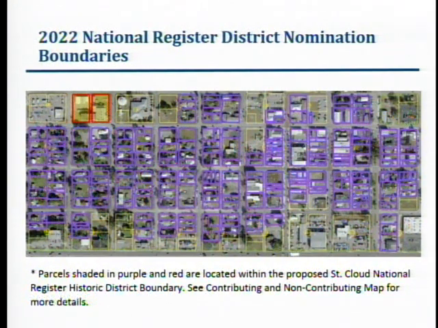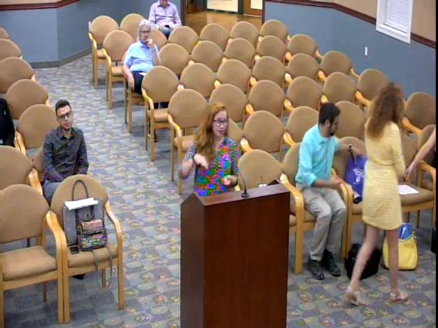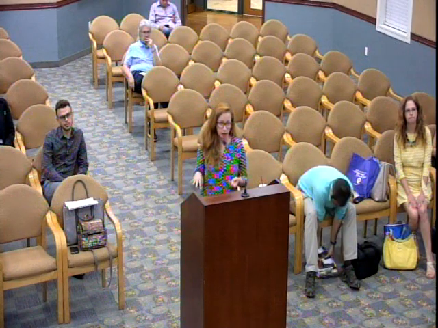The reason why I want to point that out is sometimes citizens are a bit alarmed when they hear the words National Register because they think federal government, so they think there's all kinds of regulations that are now going to be applied on them because they're a National Register historic district. Within this boundary, you already have the strictest form of regulations that could be applied within the district through your local ordinance.